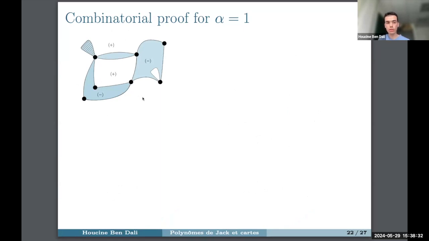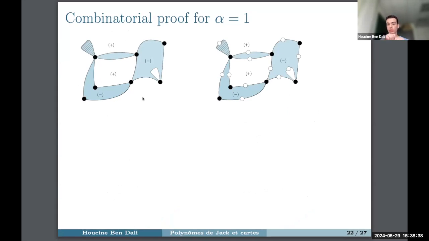So the first idea is very naive, is to introduce white vertices in the middle of each edge. So we take an edge and we split it in two edges by adding a white vertex in the middle. So a priori this satisfies all the conditions: it is bipartite and it has faces which are colored.